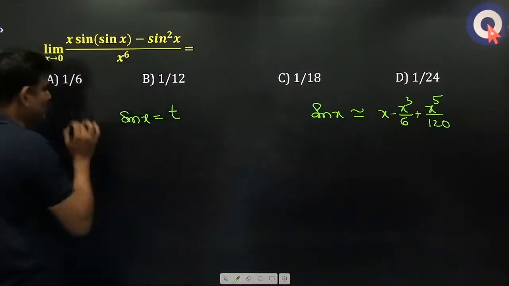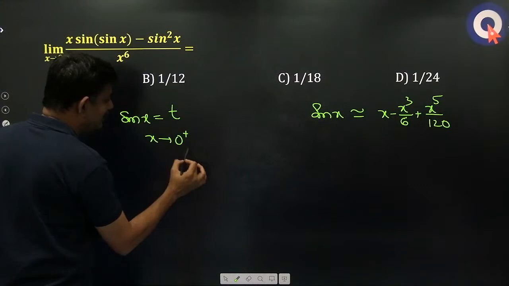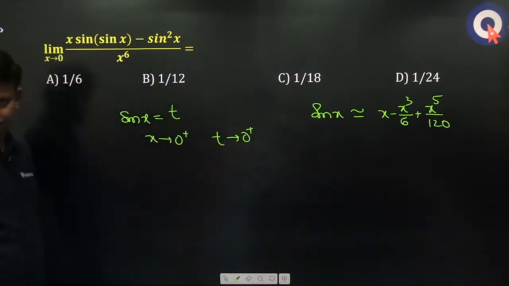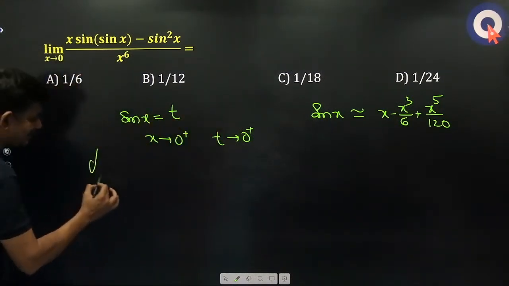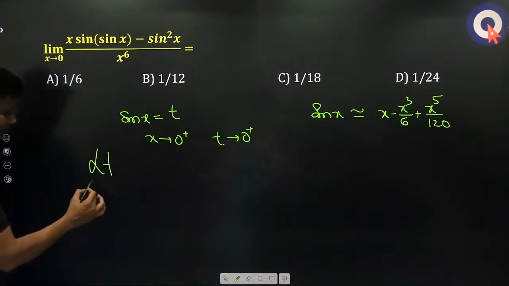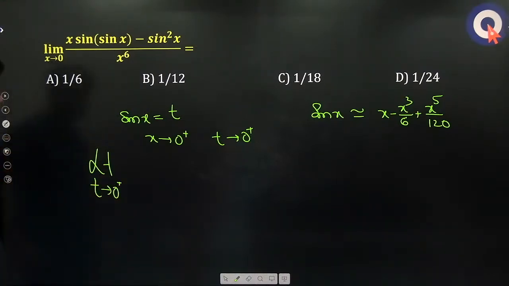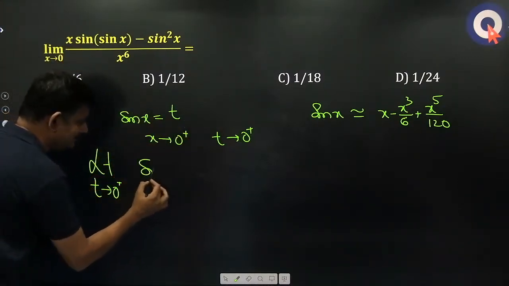As x tends to 0, where will t tend to? t will also tend to 0. Sin x will also be 0 as x tends to 0. So how will this limit shape up? Limit x tending to 0 is the same as saying t tending to 0. x, what will it be? Sin inverse t.